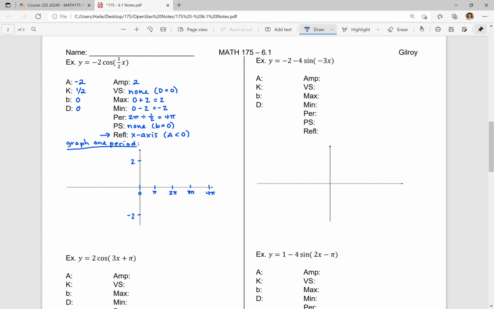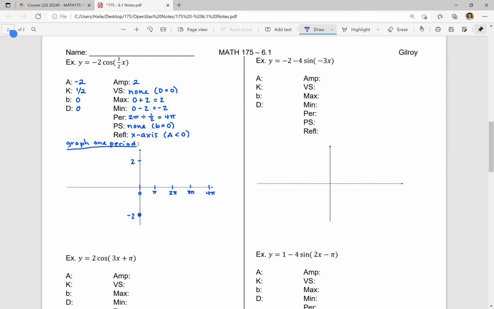So if you remember, the initial graph of cosine would have started at the top, so we would have had a point at 2, but since we're reflecting over the x-axis, we're going to draw our point at -2 instead. So what we do is we start at that first key point of 0, and our y value is going to be at that minimum of -2.